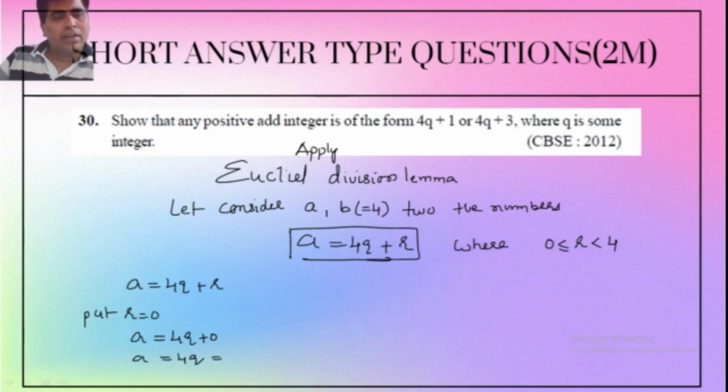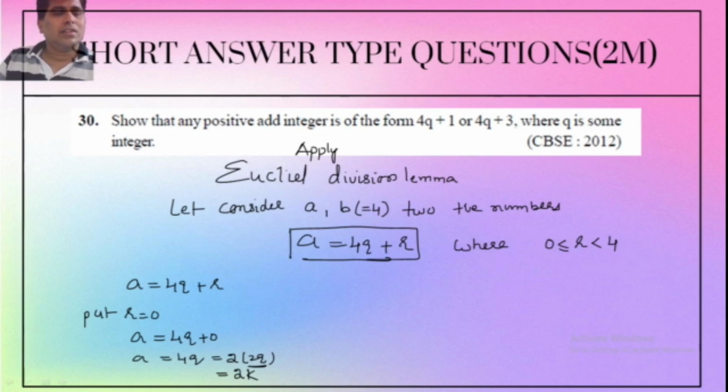This 4q I can write as 2 into 2q. 2 into 2q is nothing but 4q. So ultimately what I can write is 2 into some integer. 2q is an integer. Writing it as 2k. So I wrote A in the form of 2k.